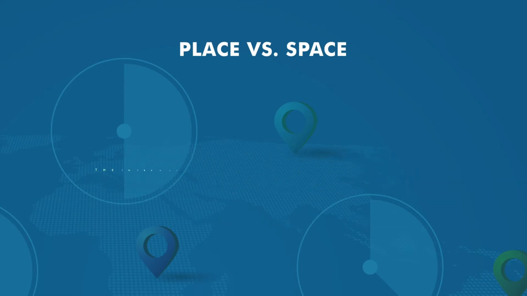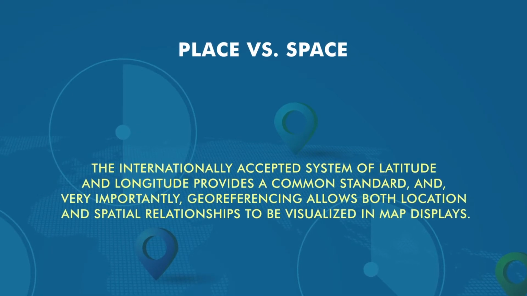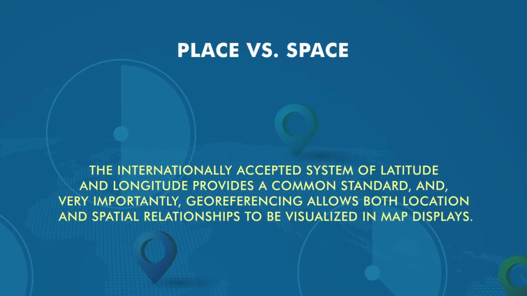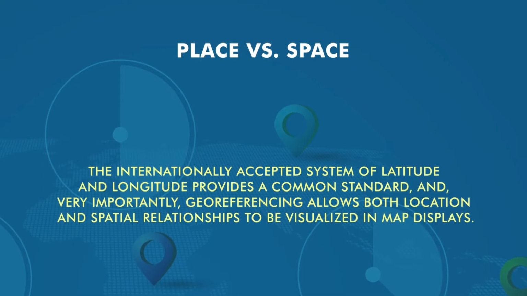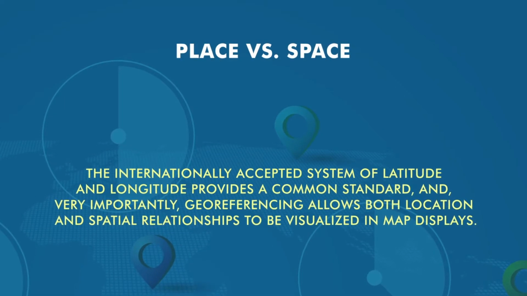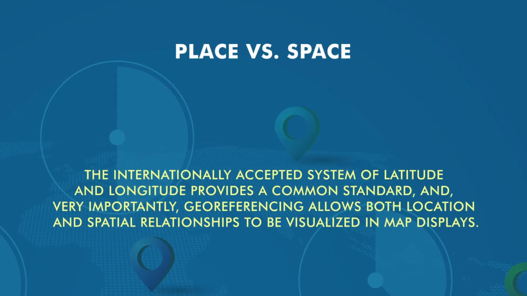So, this is an internationally accepted system of latitude and longitude. It provides a common standard, and very importantly, georeferencing allows both location and spatial relationships to be visualized in a map display.